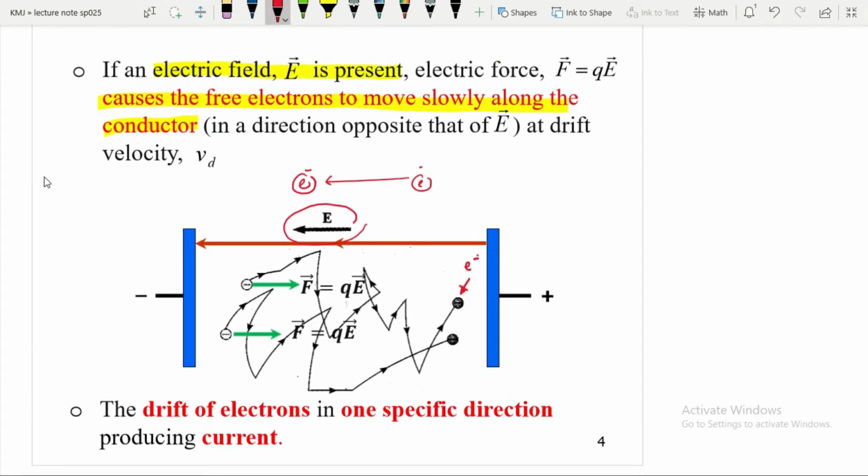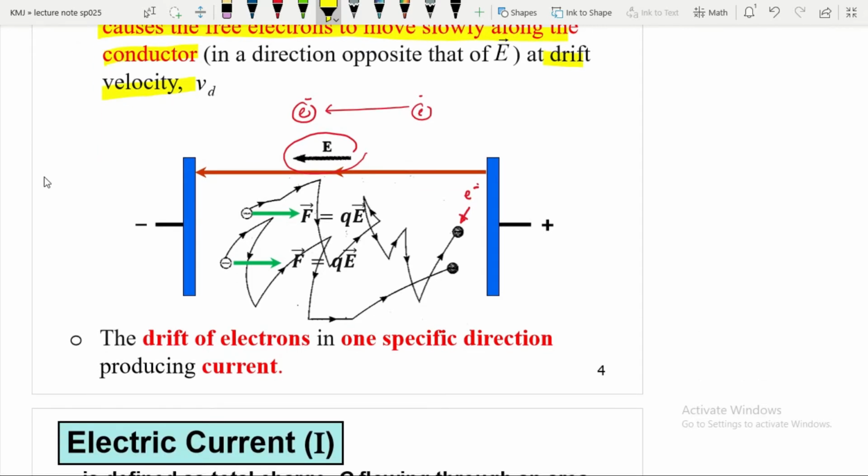Alright. And this velocity we call the drift velocity. The velocity of the electron moving from the positive plate to the negative plate, or from the positive direction to the negative direction, we call drift velocity. Okay, the drift of electrons in one specific direction produces current. So the movement of the electrons in one direction will produce current.